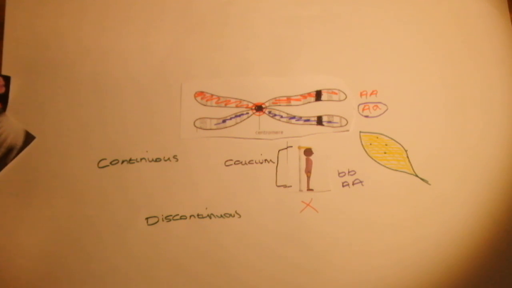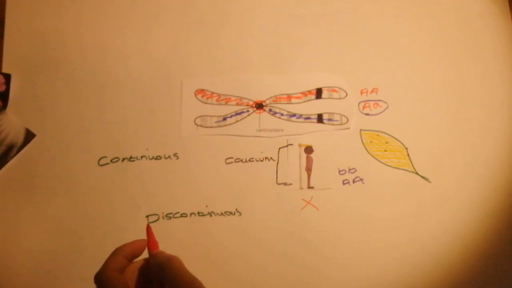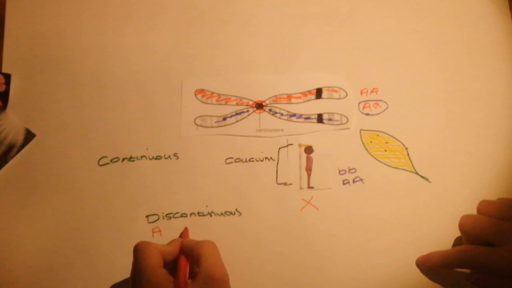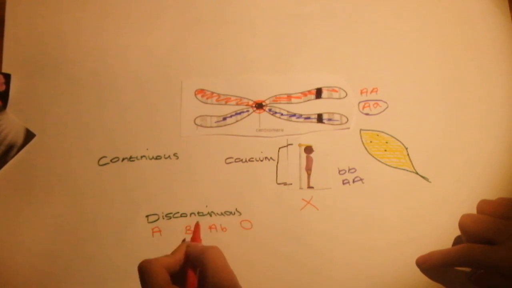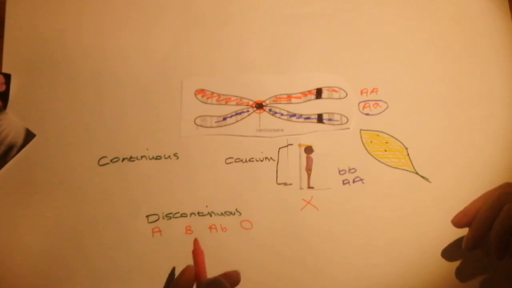Discontinuous is always specific groups. So if you think of it this way, it doesn't continue, it's just discontinuous, so it's quite choppy. So an example of this is blood type, so you can either have, I don't know, A, B, or O. I think that's what you can have. So you're always in one certain group.